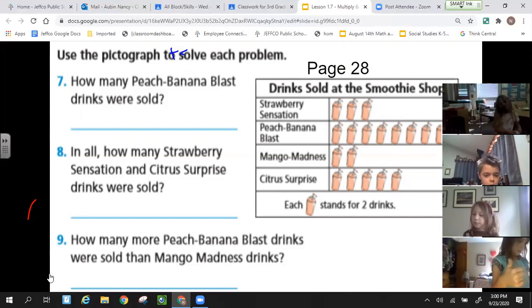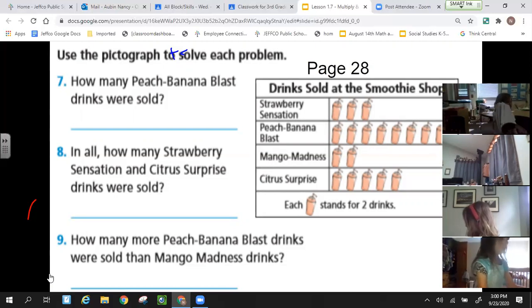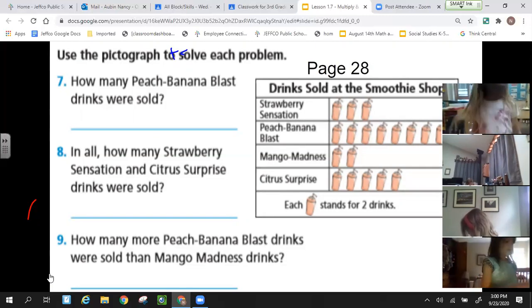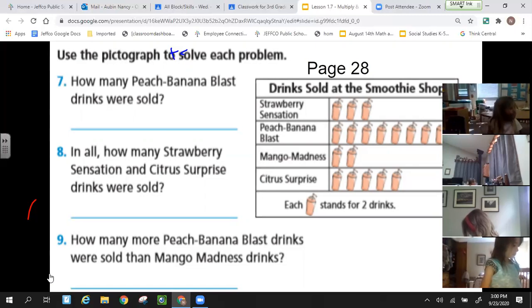So I'm gonna explain a pictograph to you, and there's one really important piece of information you need to know about a pictograph. That is the key. Everybody say with me, the key. The key. So if you get to page 28, everybody's gonna circle the key on this pictograph. I will show you what that is.